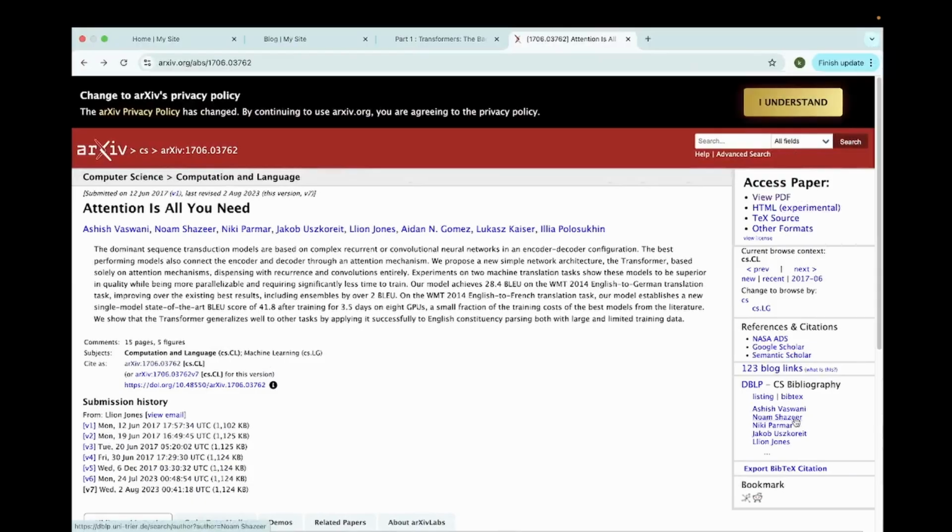So without any delay, let's dive into today's topic: Transformers. So, what are Transformers? Transformers are a state-of-the-art architecture that's revolutionizing the field of natural language processing. It was introduced in the year 2017 in the paper called Attention is All You Need.